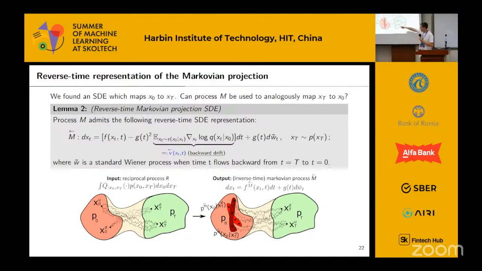It takes as input some reciprocal process and in the end returns a stochastic differential equation, in this case backward in time, so that by using this stochastic differential equation you can take input points from the target domain and translate them by following these trajectories backward in time to the forward domain, and for each point x t in the target domain you can generate multiple points from the input domain which correspond to this point.